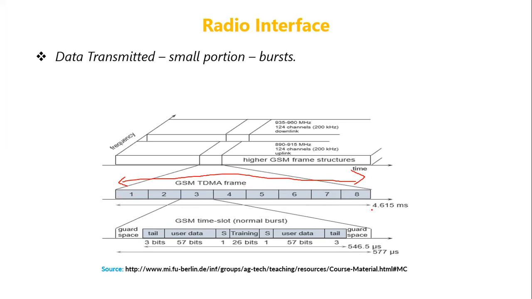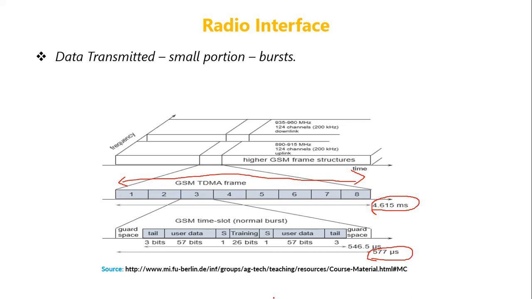The duration of one entire GSM TDMA frame is 4.615 milliseconds, not microseconds, and each frame contains 8 slots. Each slot lasts for 577 microseconds. Data is transmitted in small portions, which are called bursts.